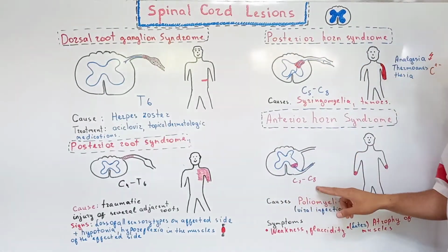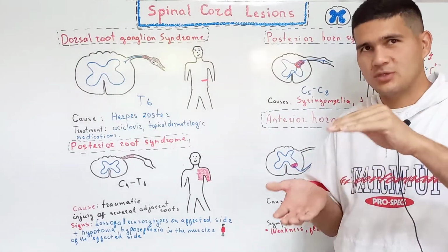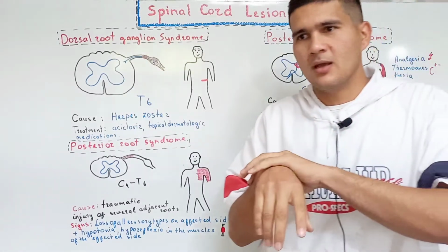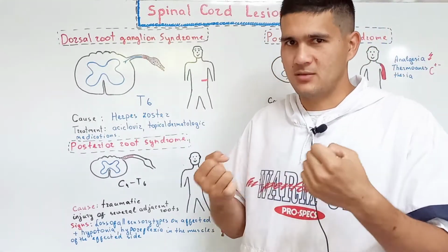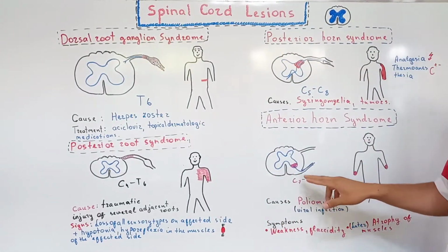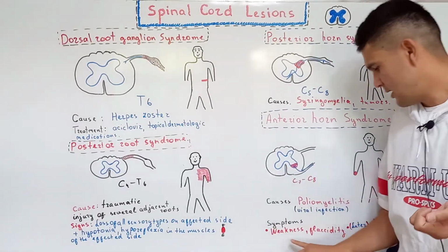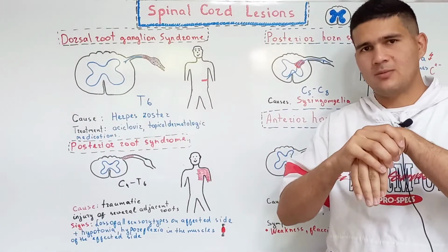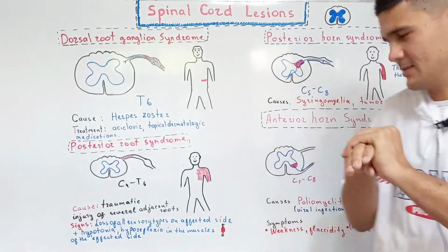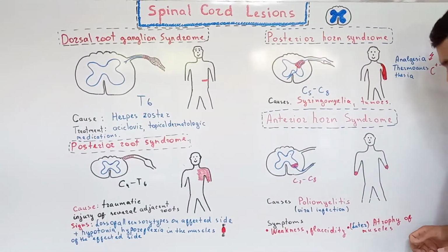The C7 and C8 alpha motor neurons are responsible for the movement and contraction of the distal part of our upper limb. When this anterior horn syndrome occurs at this level, it can cause weakness and flaccidity of the distal muscles. And later it can cause atrophy of the muscles.